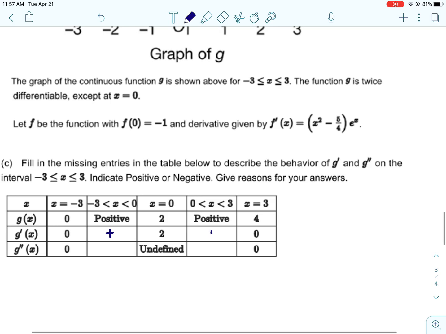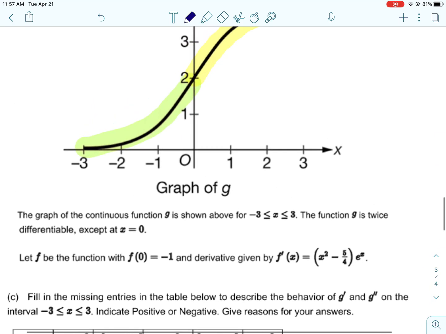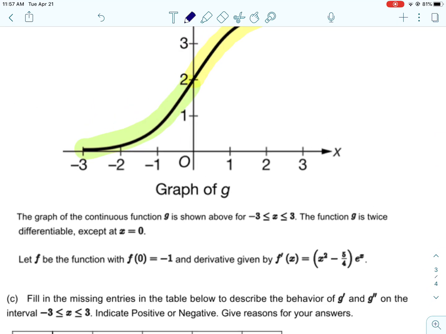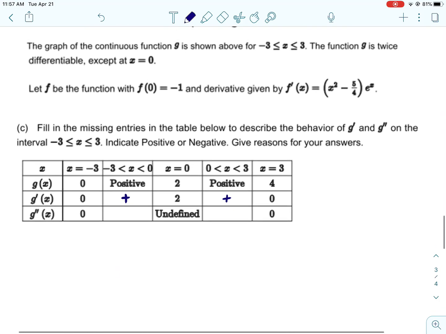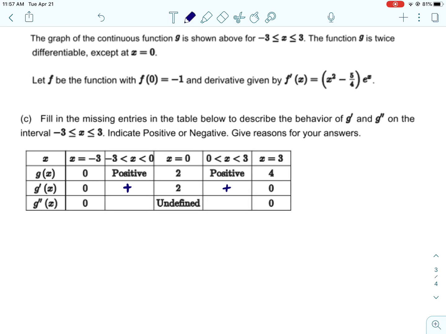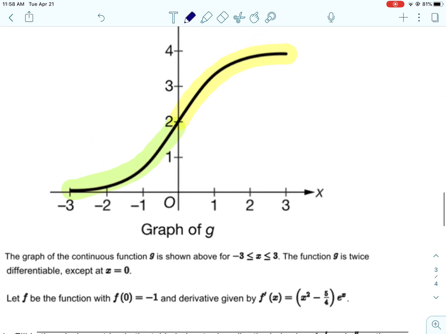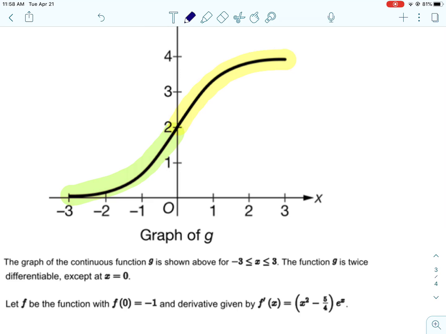Alright. Then for the second interval for the first derivative from 0 to 3, when I look at that section, the function is also increasing, which means that the first derivative is positive. Okay, the second derivative, if you're looking at the graph of the original function, is all about concavity.